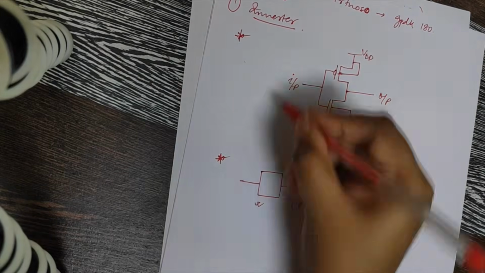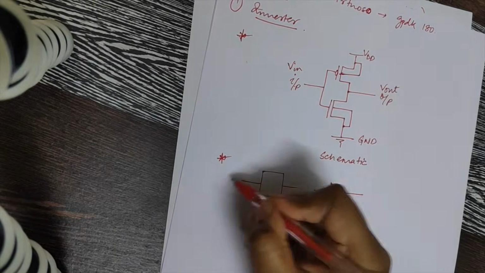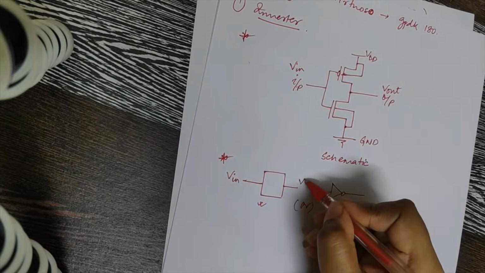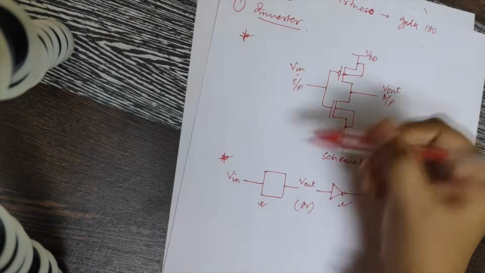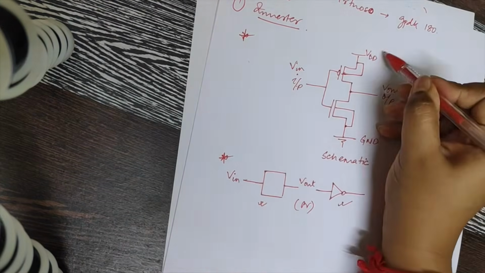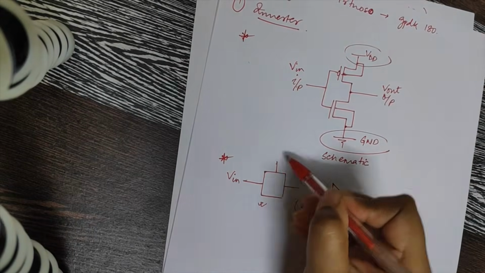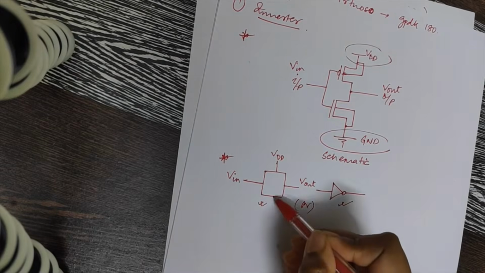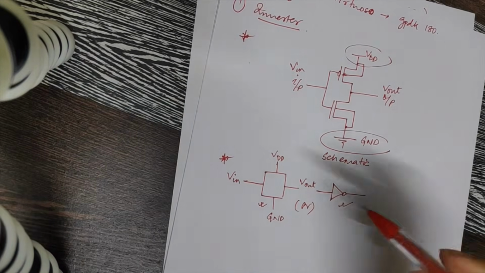So, let this be V in, let this be V out. Am I done with it? No. Why? Because VDD is another pin and ground is another pin. So VDD and ground. Look at this symbol.